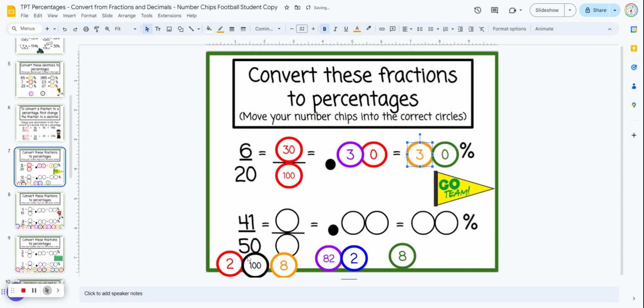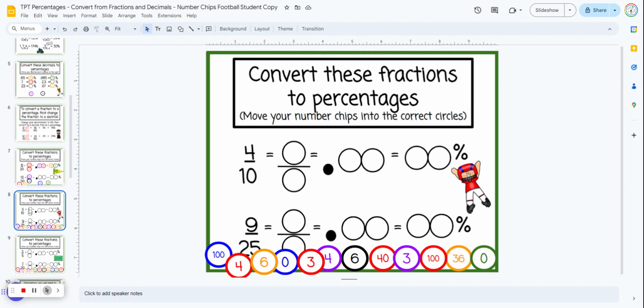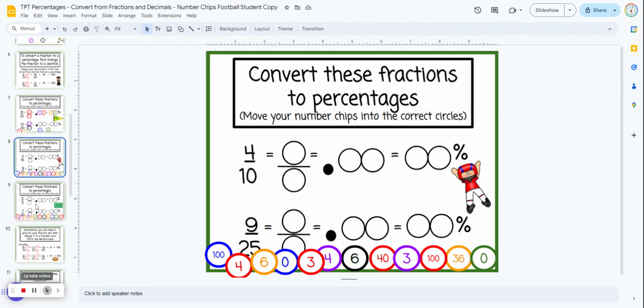So same thing on the next one. We want 100 in our denominator, so we're going to multiply numerator and denominator by 2, and then go ahead and convert to a decimal and a percentage. Same thing on the next slide. They have some different denominators. They're going to convert to 100.